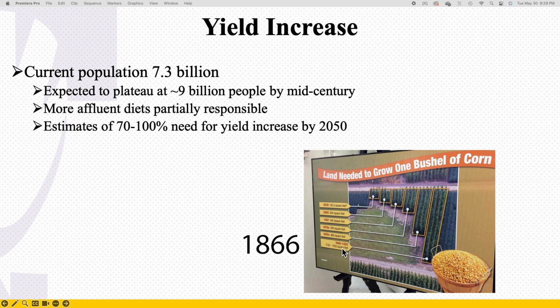It used to take about 1,400 square feet to produce one bushel, and now we're at a tenth of that. We can grow one bushel of corn, or we're hoping to grow one bushel of corn, in about 150 square feet. So with that, we can get the same yield with less land use, because we're also running into this thing where we're running out of arable land to grow our crops on.